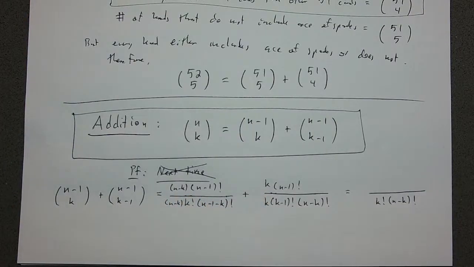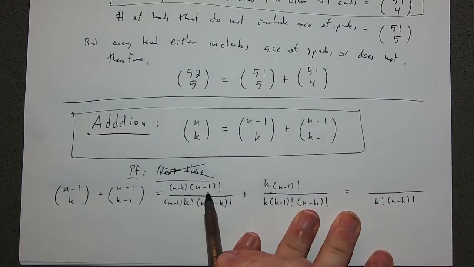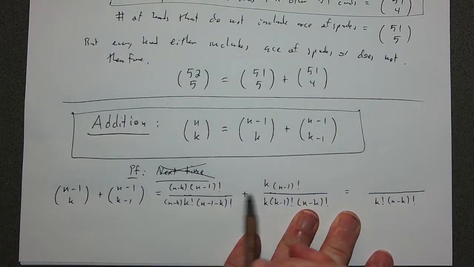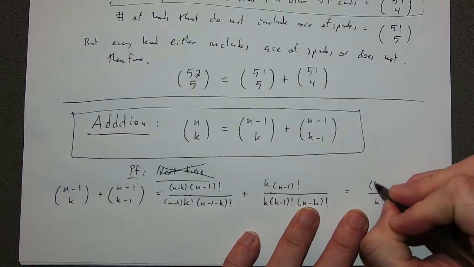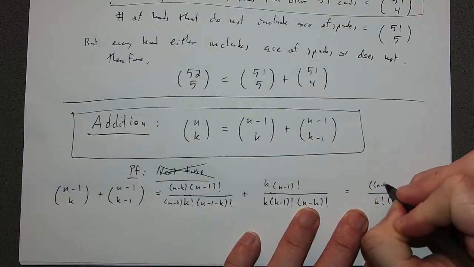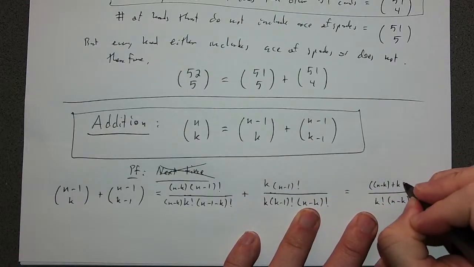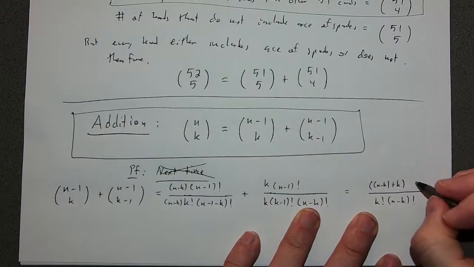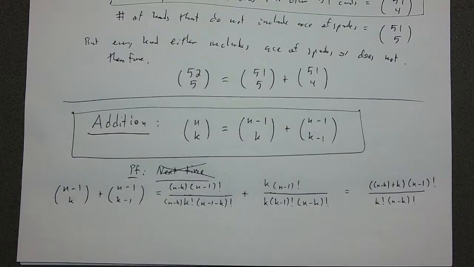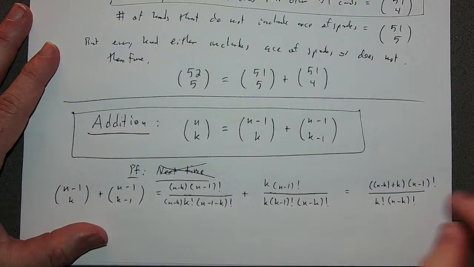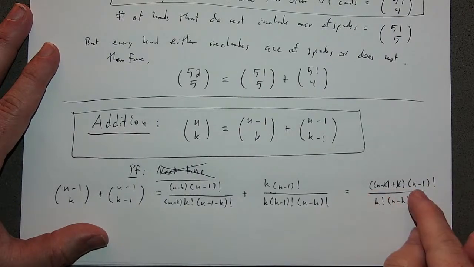This leads to n minus k. I'm factoring now, if you like. I'm going to factor out an n minus 1 factorial here. So what I get is n minus k plus k times n minus 1 factorial. But minus k plus k, those cancel, and I'm left with n times n minus 1 factorial.